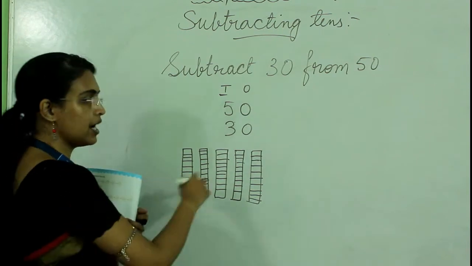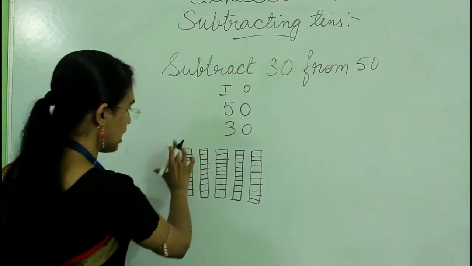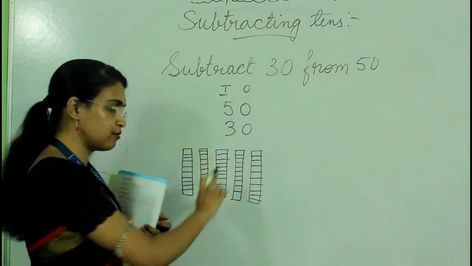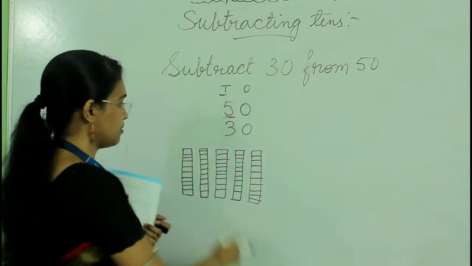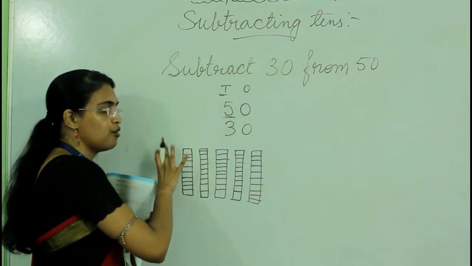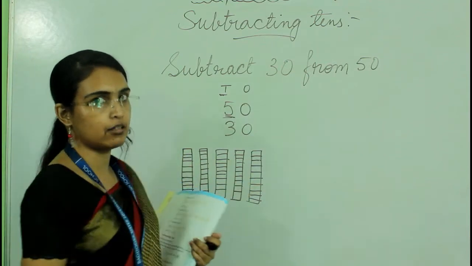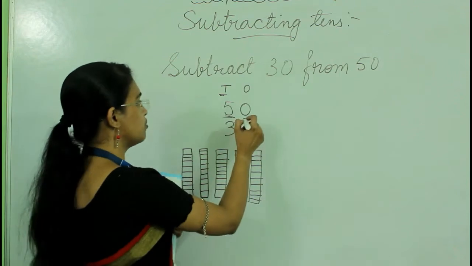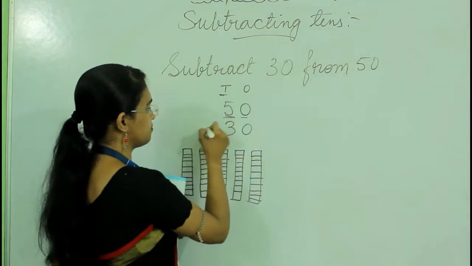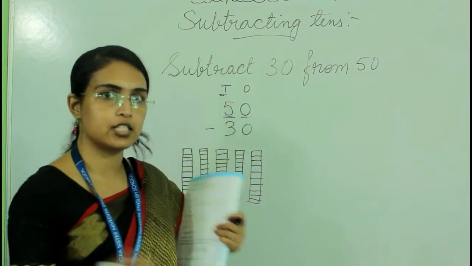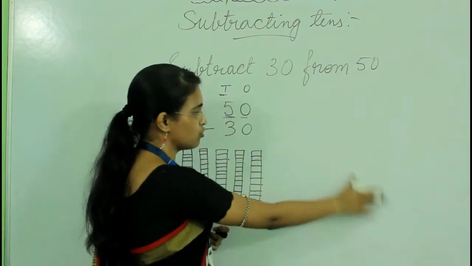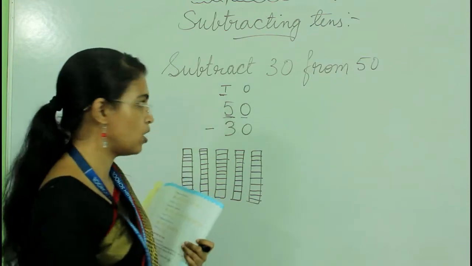Now I have drawn 5 groups because we have 5 in the tens place. That means we have to draw 5 groups of 10 blocks. Now we have 0 in which place? 1's place. And 0 means nothing, so we don't need to draw any separate blocks.